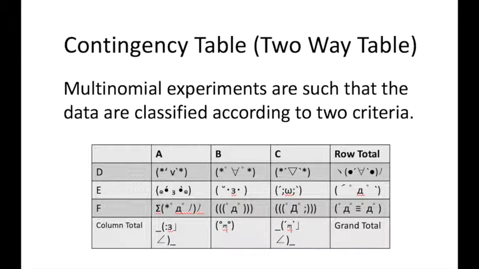Now let's take a look at two-way table. Two-way table is very similar to the one-way table. The only difference is that two-way table is a classification with respect to two factors, so it requires a few more steps.